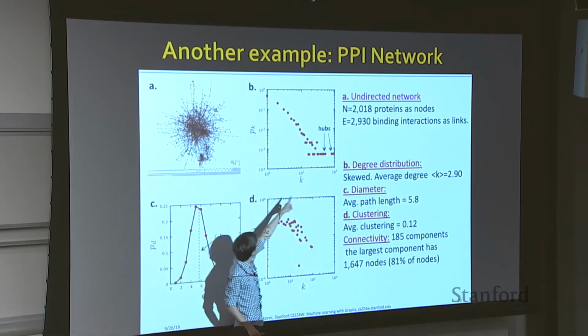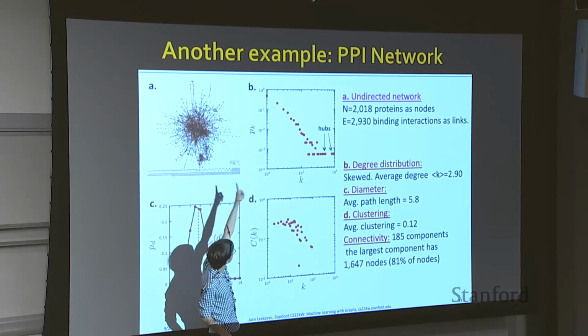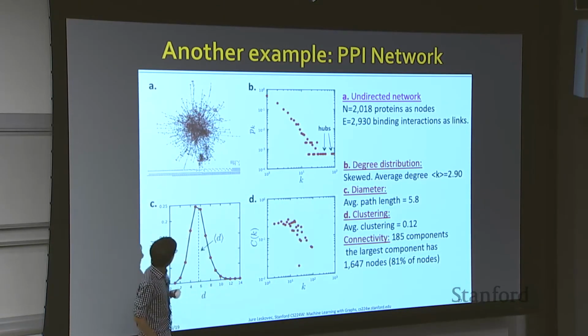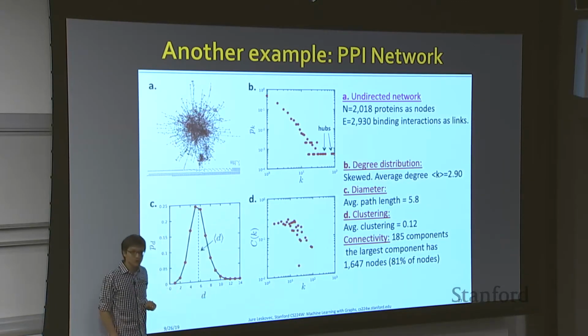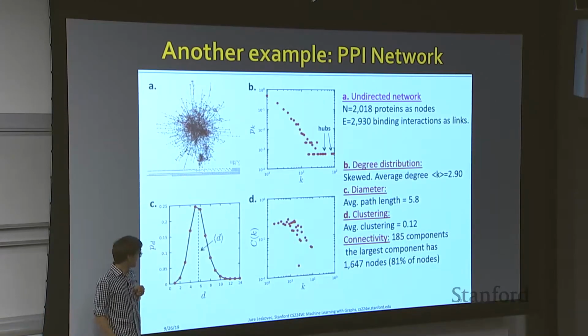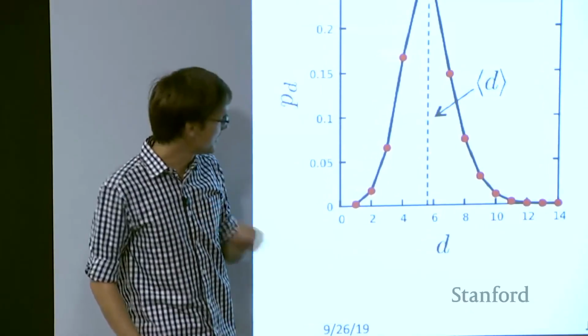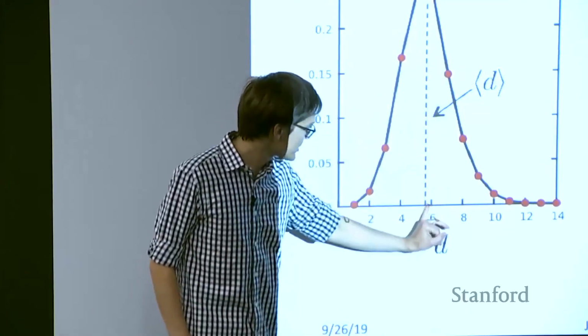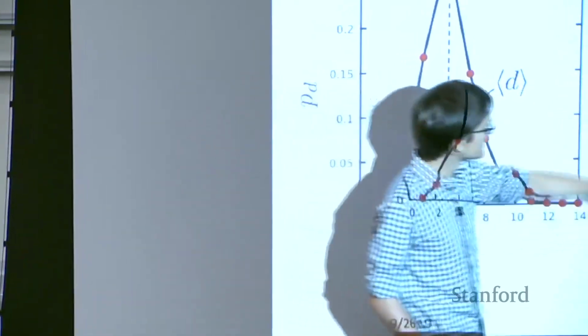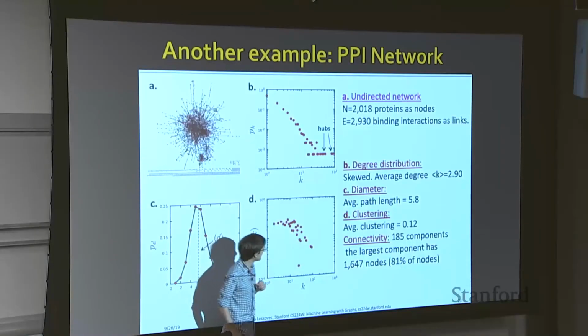This is the degree distribution on logarithmic axis, and you see how it looks similar to what we had before. Here is the distribution of shortest path lengths, something very similar to what I showed you for Microsoft Instant Messenger. Here, the average shortest path length, I think, is 5.8 or something like that. And this is the distribution of clustering coefficient.